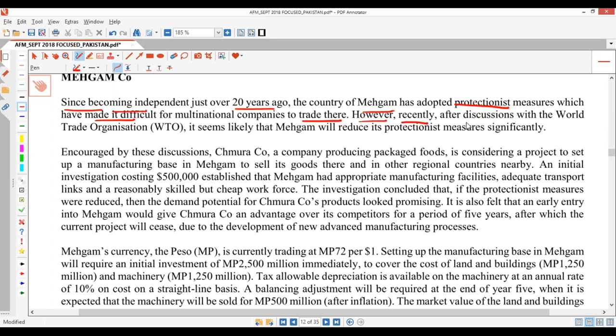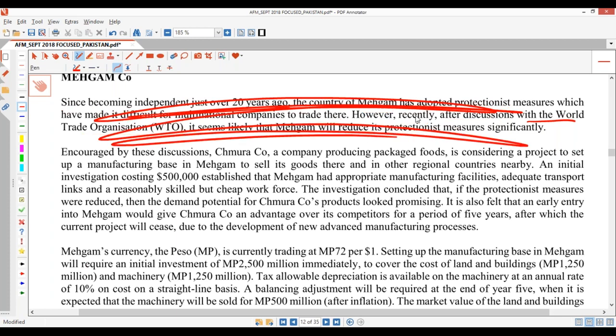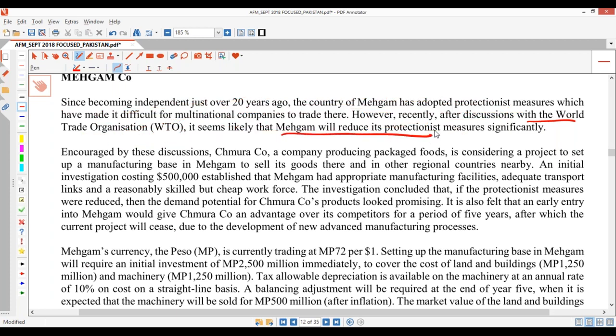However, recently, after discussions with the WTO, it is likely MEGAM will reduce the protectionist barriers significantly. So what is the decision here? They want to relax the protectionist measure. Maybe they're protecting their local industry. Okay, that was paragraph number 1.